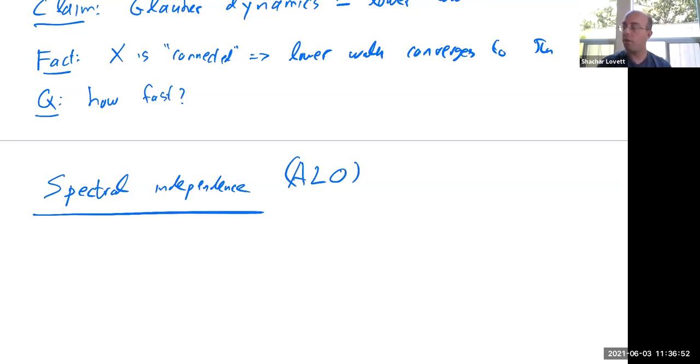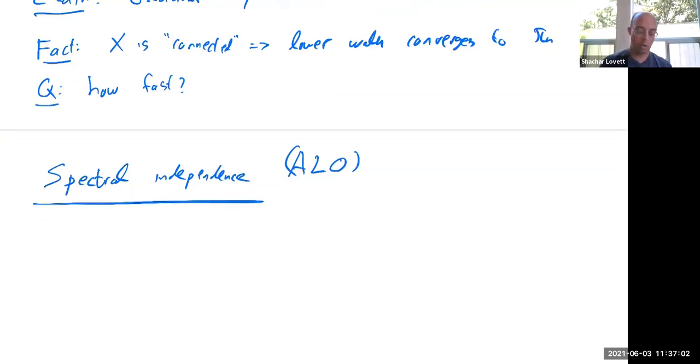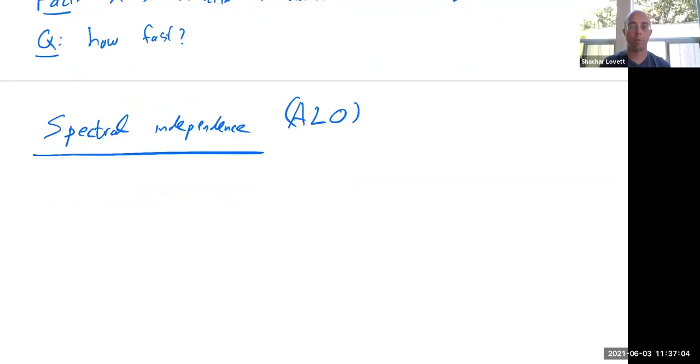I'll define it in a way that's not quite the same as it was defined in the original paper, but in one of the follow-up papers that is actually more natural in hindsight to analyze. So this requires defining something called the correlation matrix. Let me define the correlation matrix.